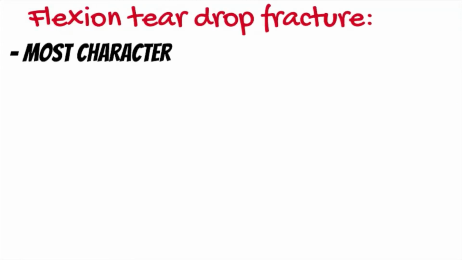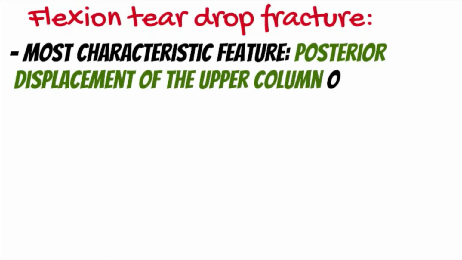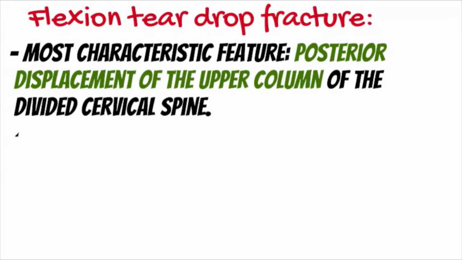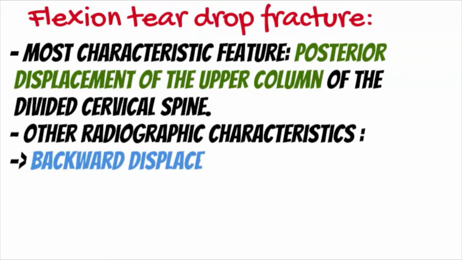For the flexion type of teardrop fracture, the most characteristic feature is posterior displacement of the upper column of the cervical spine.